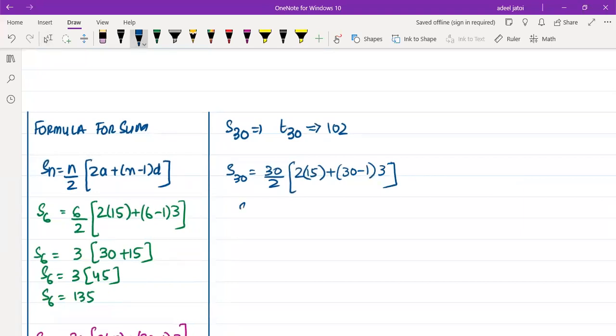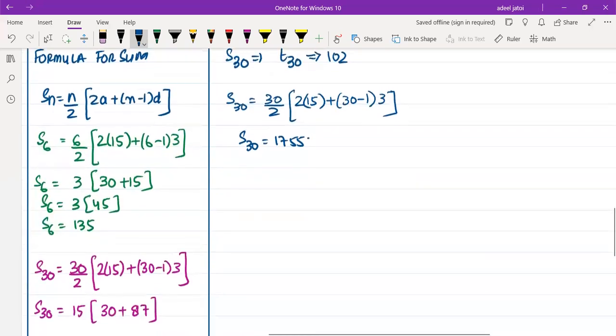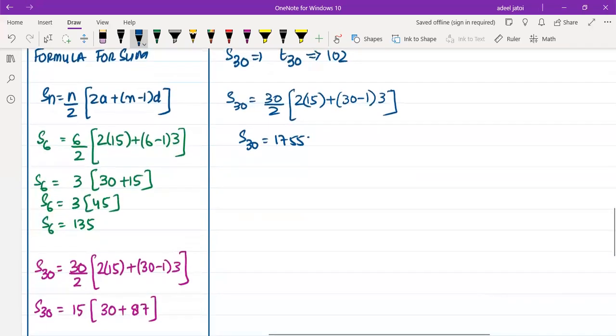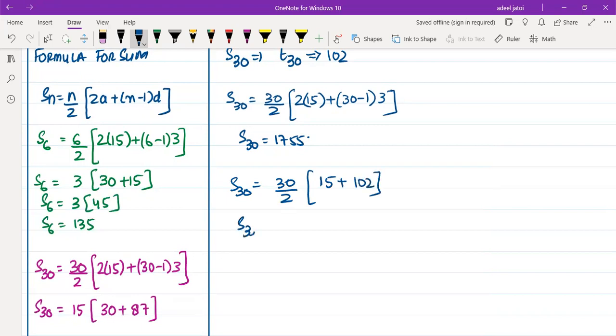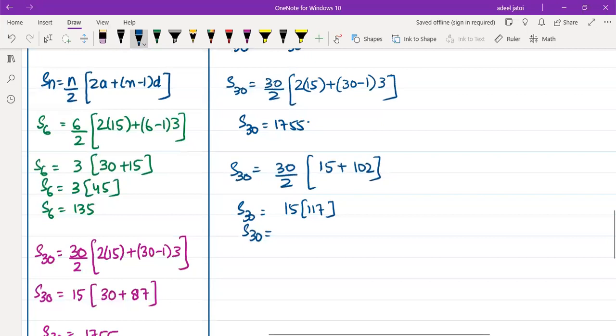What we got was S30 was 1755. We already got this, right? But let's use n upon 2, 30 upon 2, times (a plus L). So a was 15 and L is 102. So S30, using this same exact formula, 15 plus 102 is 117. So S30 should be 1755.